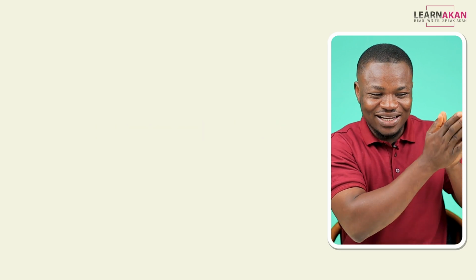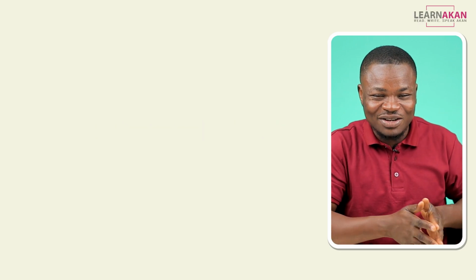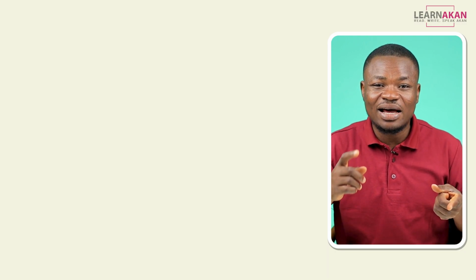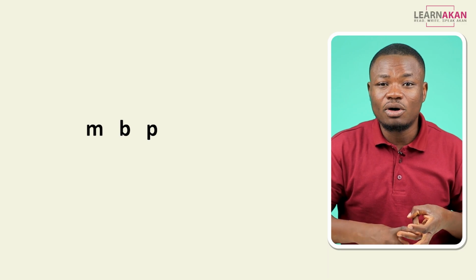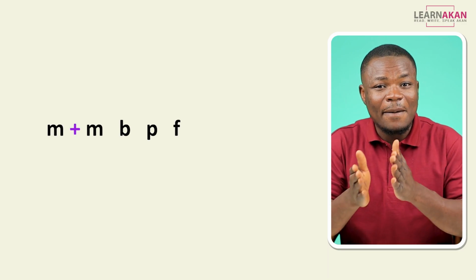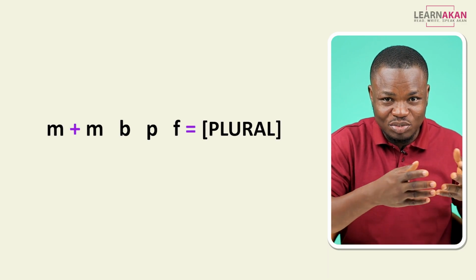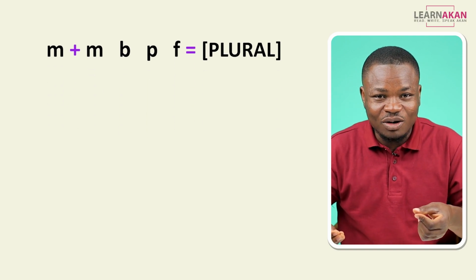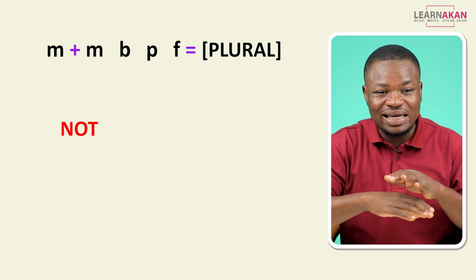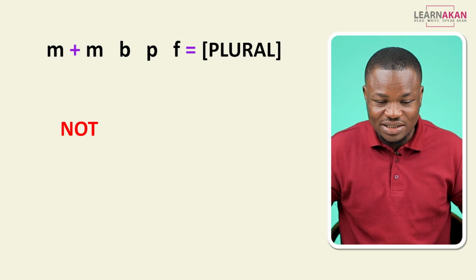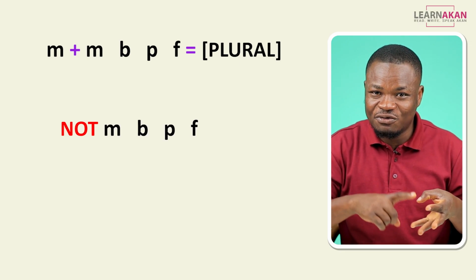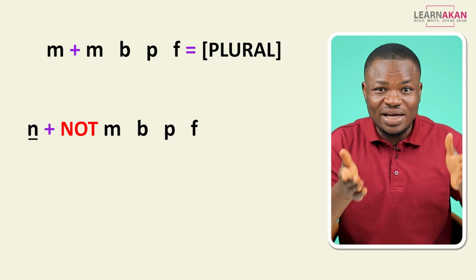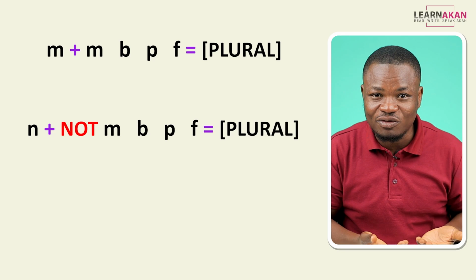In the previous lesson we learned that if you come across a Twi noun whose initial consonant is either b, p, or f, you attach to the front to form its plural. So if the initial consonant is neither of these three letters, you attach as in n to its front to form its plural form.